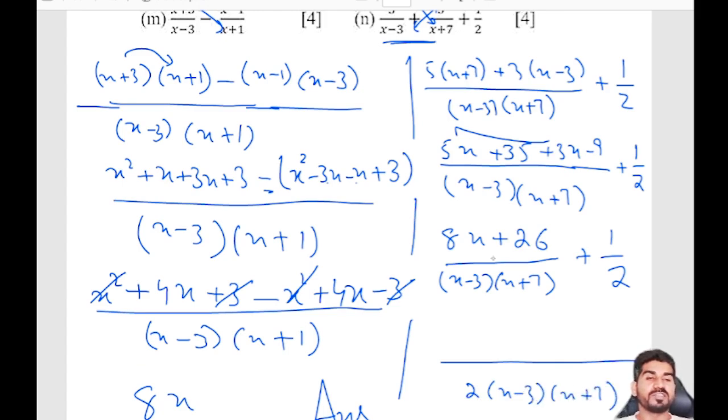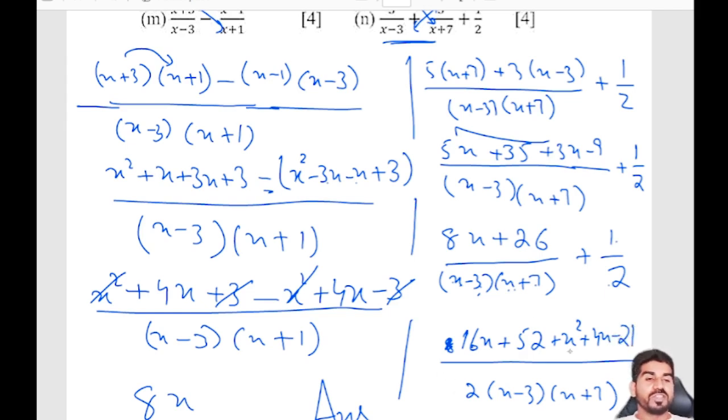Now this will be the LCM, and you can see here this 2, by cross multiplying, 8x times 2 will be 16x, and there will be 26 times 2, which is 52. And there will be 1 times this, which is actually plus x times x, which will be x squared, and there will be 7x and negative 3x, which will be plus 4x, and negative 7 times 3, which is negative 21.